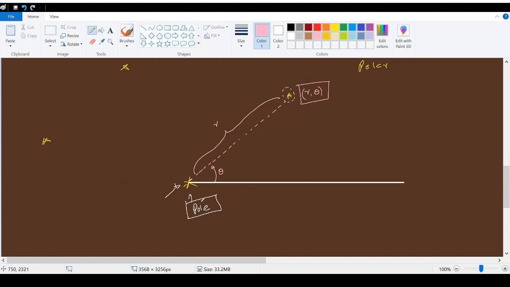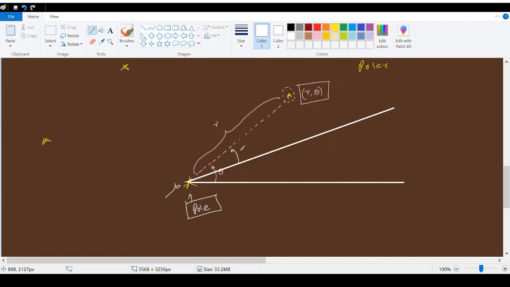Now also, this line need not be horizontal all the time. Let's say you have drawn the line like this. Then in order to mark this object, we have to measure the angle from this line.